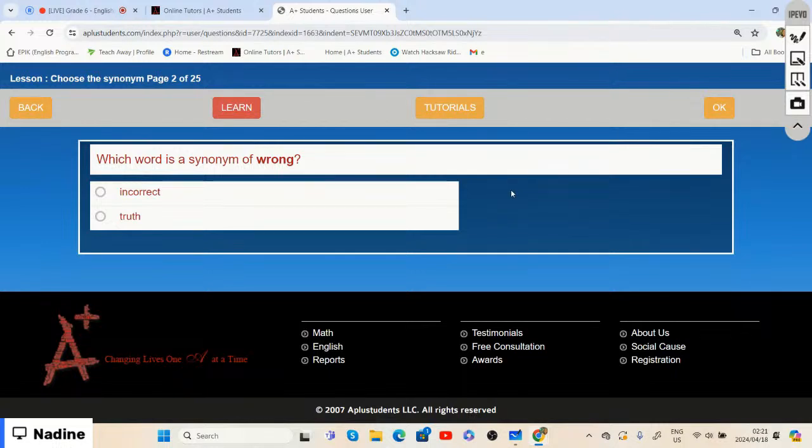We need to find the synonym of wrong. Synonym of wrong, is it incorrect or is it truth?